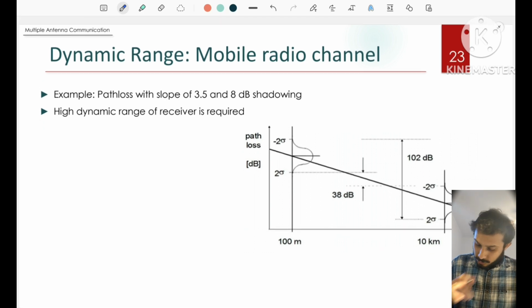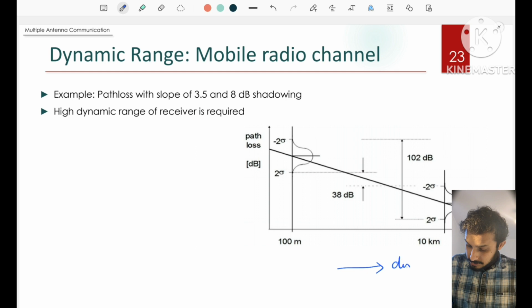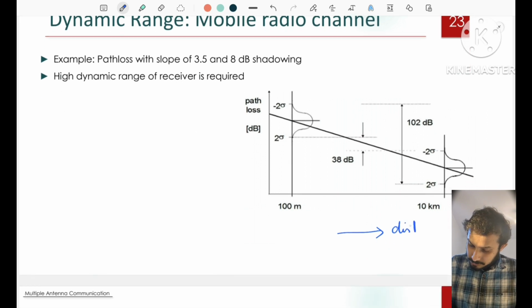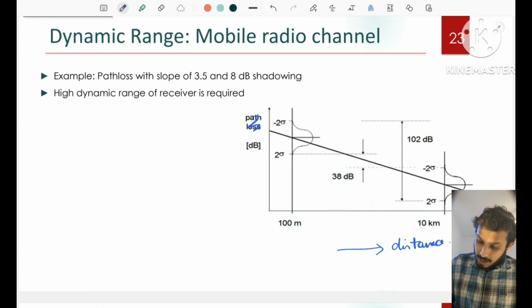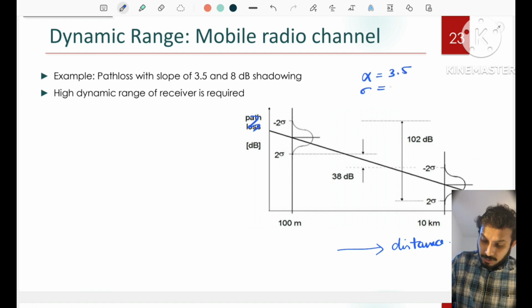So let us go to another figure. This is the distance axis, and this is the received signal strength. As we increase the distance, there is a decrease in the strength, and this is the example scenario when alpha is equal to 3.5 and sigma is equal to 8 dB.